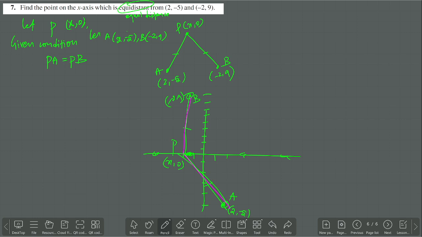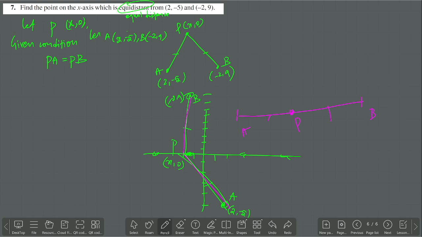Don't think it forms a line segment. Don't think that all three points, A here, B here, and P here, are in a straight line. They didn't say anything like that. If they were talking about a line segment, we could easily take the midpoint. But they didn't.